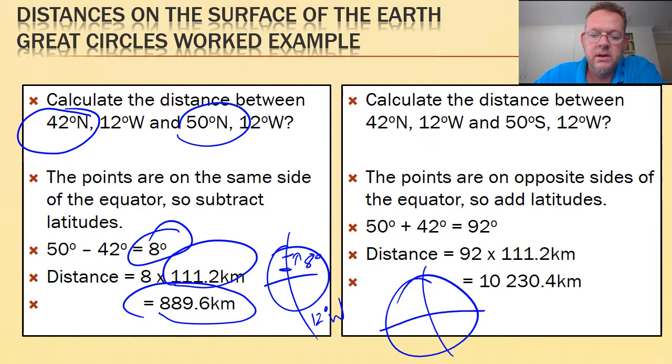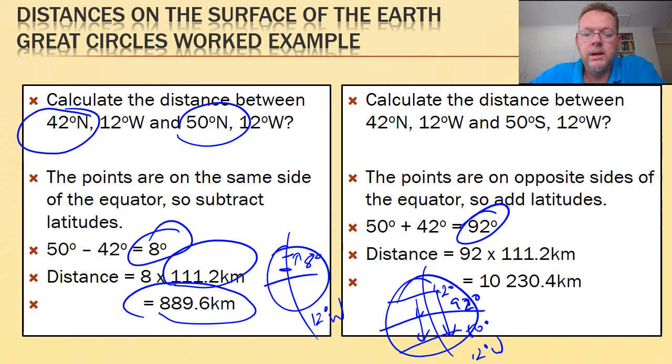If I'm looking at crossing the equator, I just need to recall that I have to add these together. So here I am on 12 degrees west again. So traveling from 42 degrees north down to the equator, and then another further 50 degrees, I've traveled a total of 92 degrees. So when I cross the equator, I add these two together.